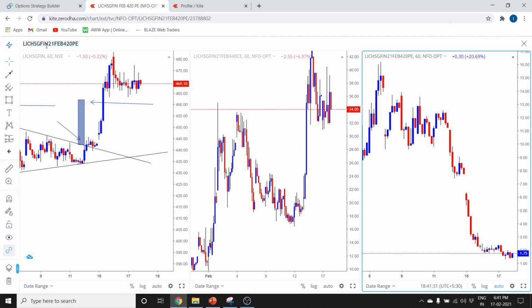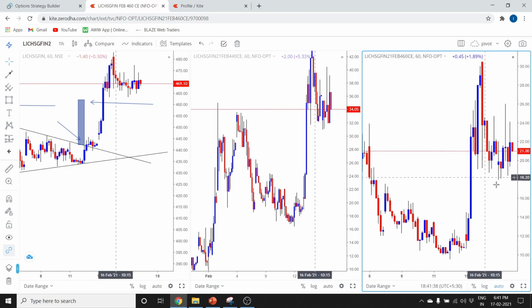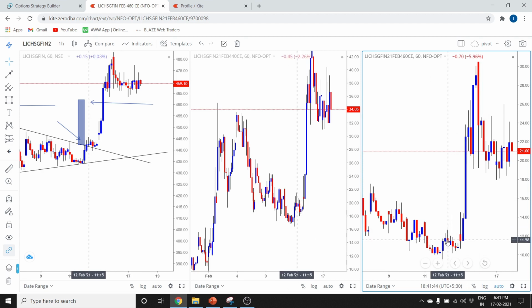So my sell leg would be 460 call. Let's see at what level we got entry. Somewhere around here, say around 12 rupees. So we bought 440 call at 20 rupees and we sold 460 call at 12 rupees.